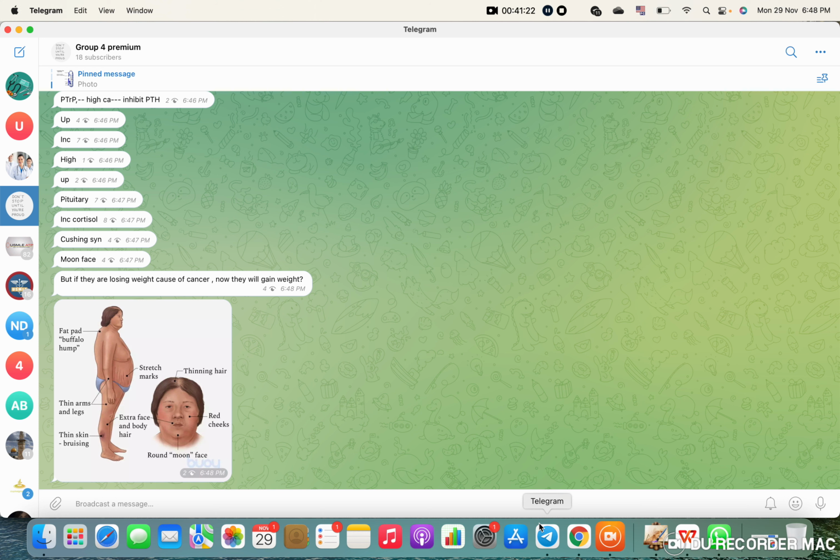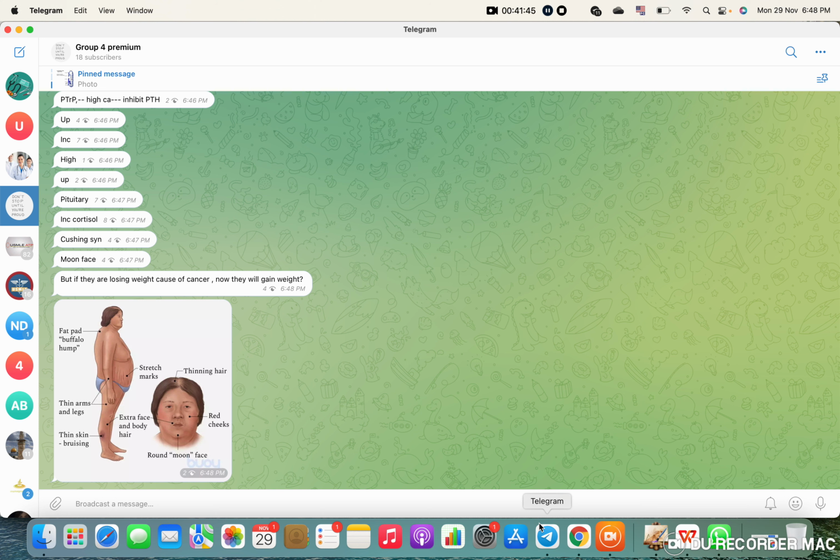Here is the thing. Cushing syndrome is a constellation of symptoms. If we are speaking exactly about cancer, they will not have that weight gain. You are right, because cancer leads to weight loss. But Cushing syndrome can be due to other disorders, for example a primary pituitary tumor.